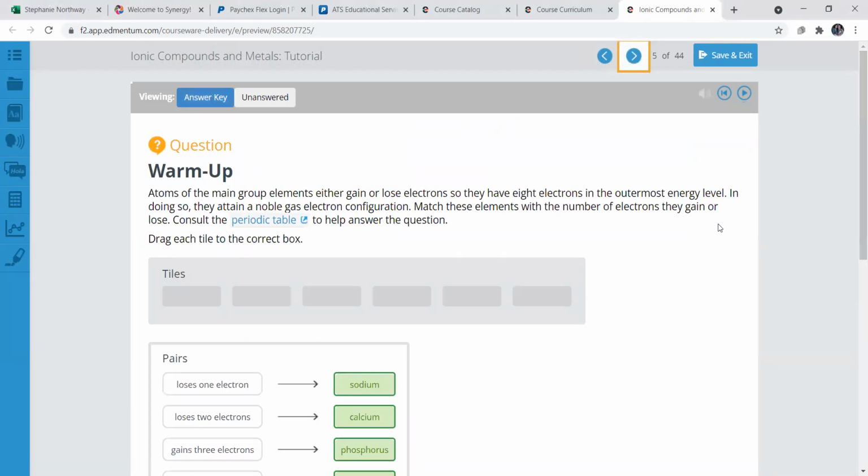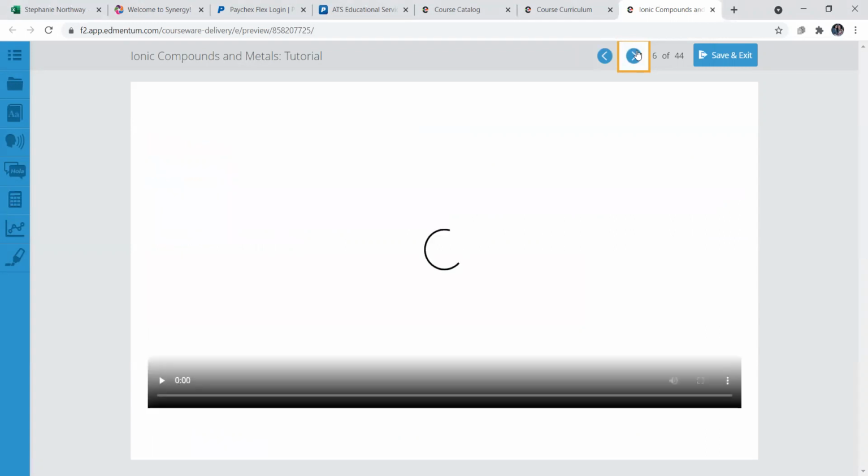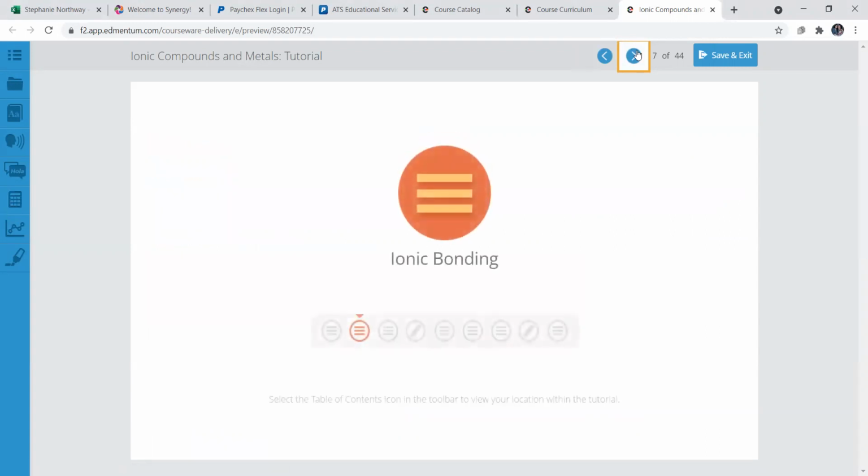Pretty interesting concept. That means when two elements are matching up together or forming a compound, how many electrons do they lose in their outer shell? Do they gain? How do they do it? So again, the video, I'll skip that, have you do that on your own.